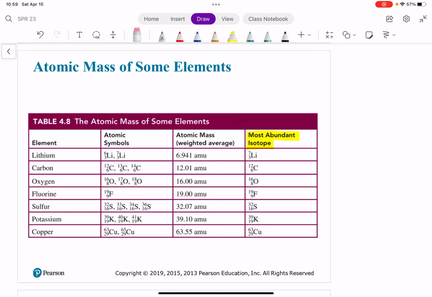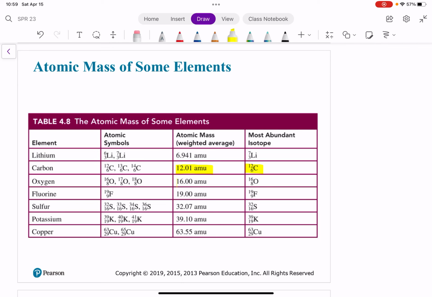And what you'll notice is that the atomic mass, the weighted average, is going to be closer to the most abundant isotope. So here, the weighted average is 12 AMU-ish, and our most abundant isotope is carbon-12, right? So we're not seeing 14 AMU because most of the carbon that we have is carbon-12.